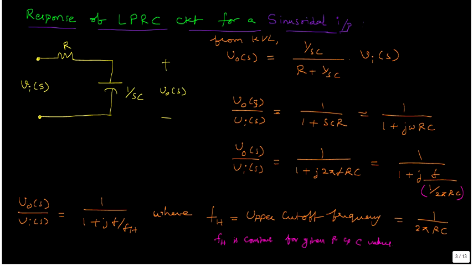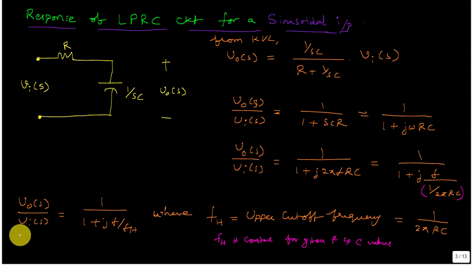Whereas the input signal can have any frequency. So whether it has to pass or be stopped depends totally on the fh value. If the input frequency is less than fh, it will be passed through the circuit. If the input frequency is greater than fh, it is stopped by the circuit. That we will see.